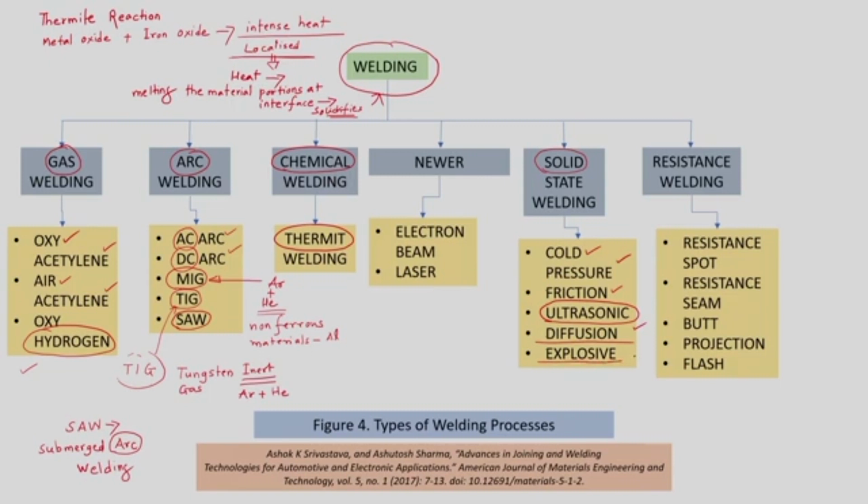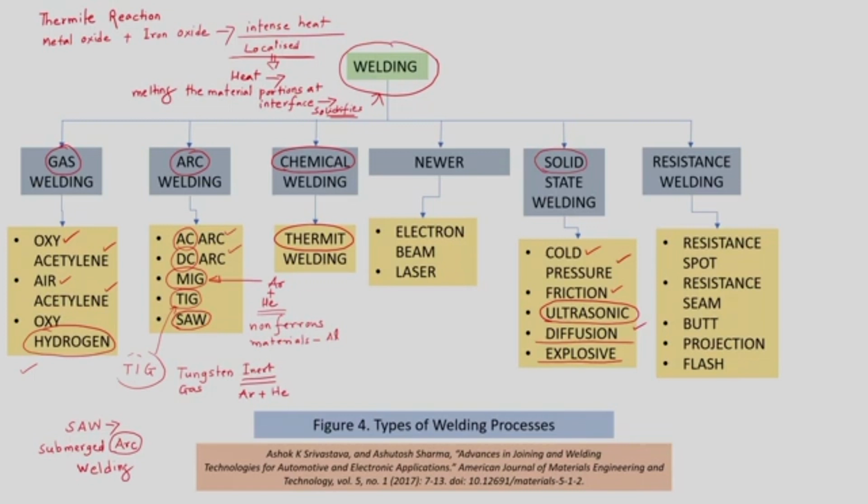In explosive welding process, we are generating compression forces by detonating the explosives, and then those compression forces are applied on the sheets, and these two sheets are getting together under the action of compression forces and they are getting joined together at atomic level. So, that is the solid state welding.